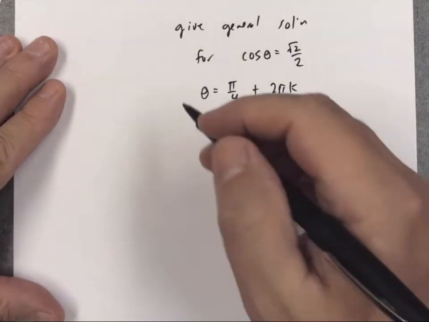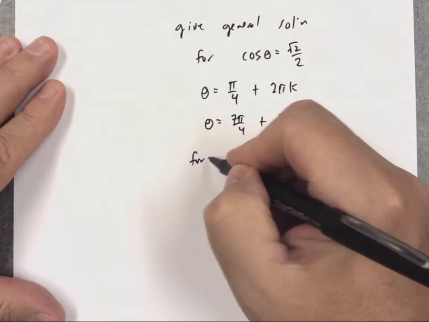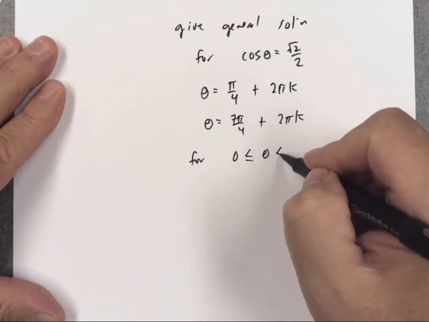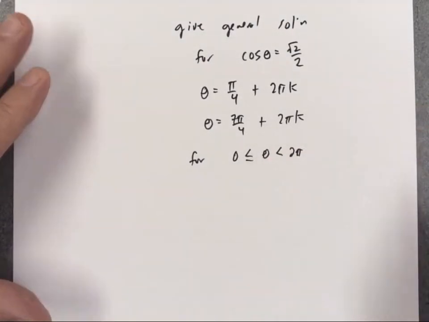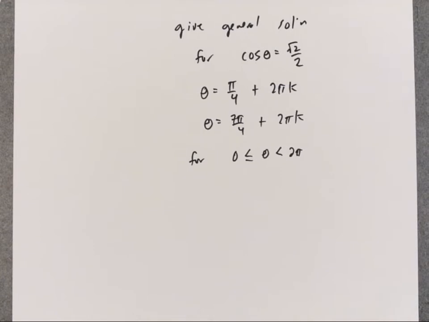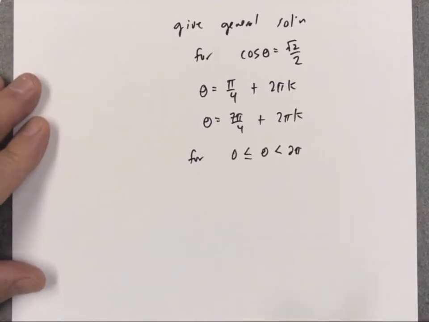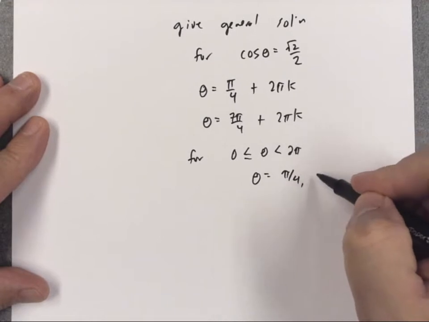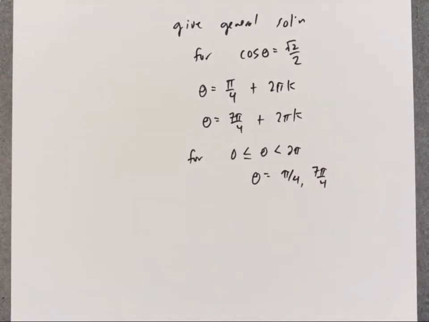Now, if they said, hey, just limit it to 0 to 2 pi, of course my solution would be pi over 4 and 7 pi over 4.